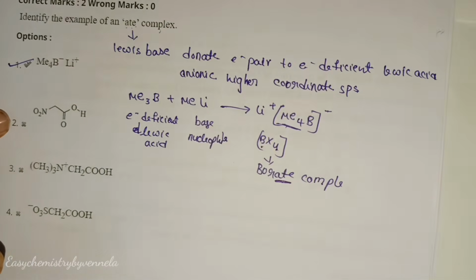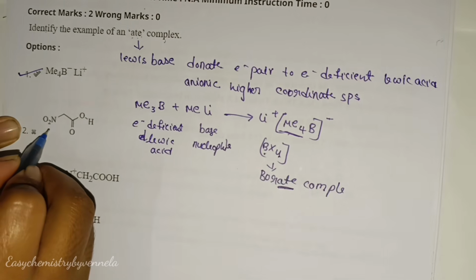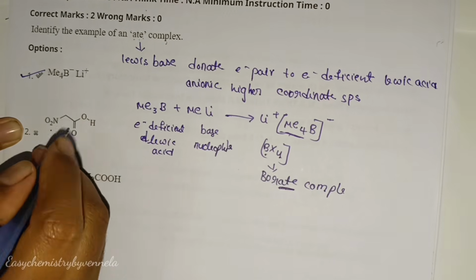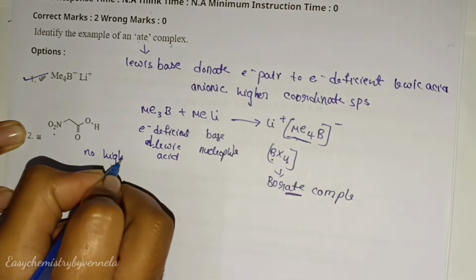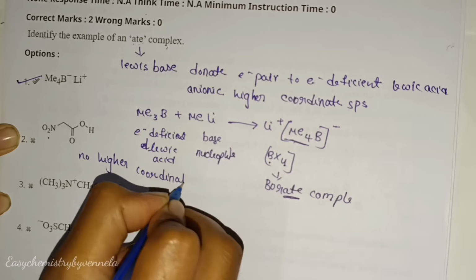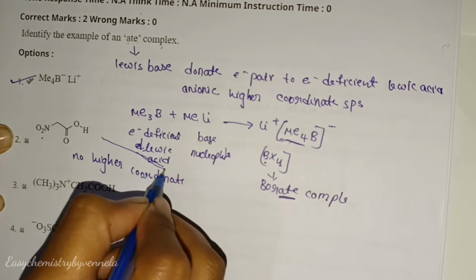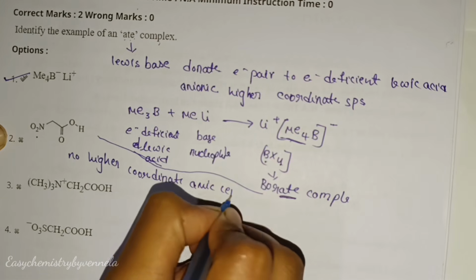Why other options are incorrect? In second option, nitro substituted carboxylic acid, no higher coordinate anionic central atom.